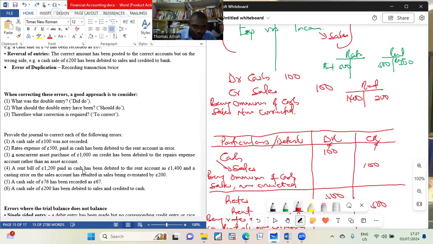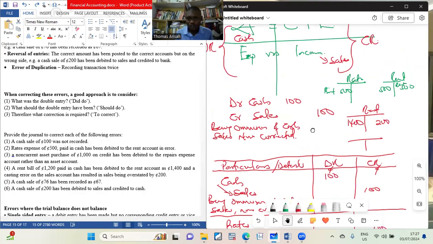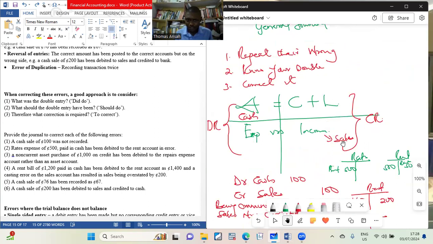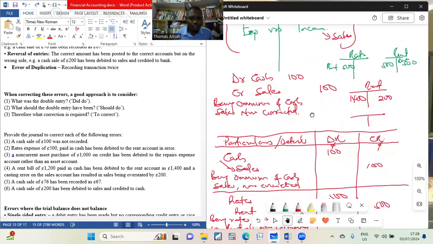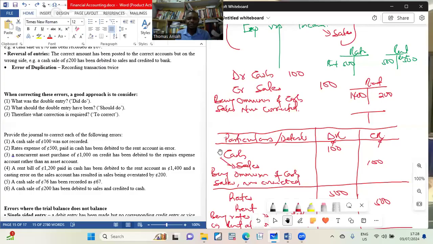But the statement didn't finish. It says that a casting error on sales account has resulted in sales being overstated. So, question: double entry of sales. Is sales a debit balance or a credit balance? For what I did for you, do you remember? Where do you think sales will fall under? It is a credit balance. So they are just trying to tell you that the sales too was overstated by 200.